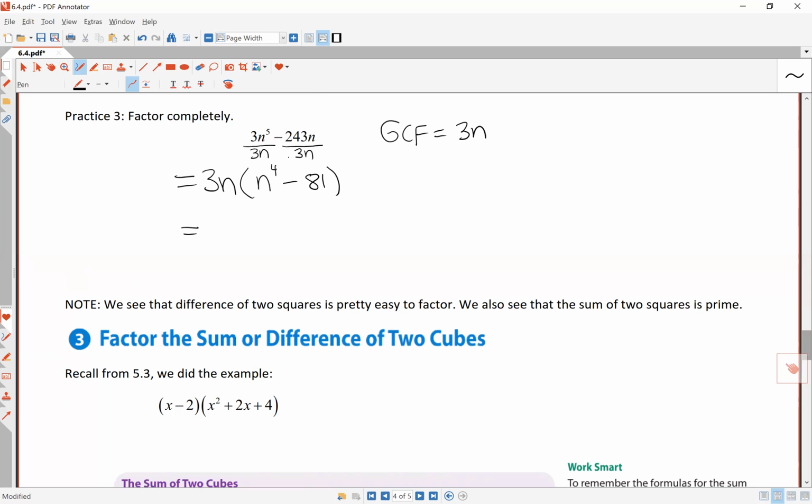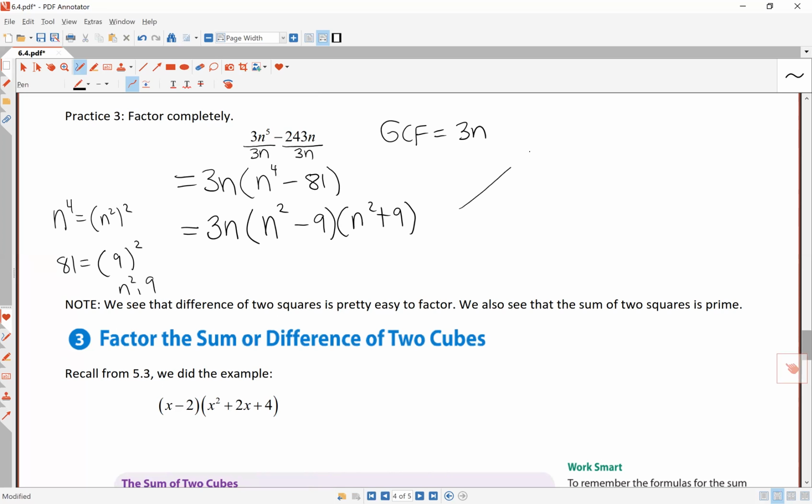There's our difference of squares. n to the fourth is the square of n squared, and 81 is the square of 9. Our two pieces are n squared and 9. Keeping the 3n in front, our two pieces then are n squared and 9, so we subtract them and we add them.